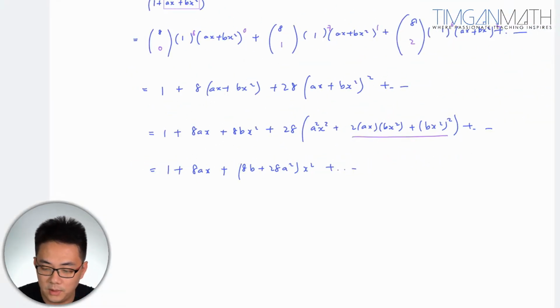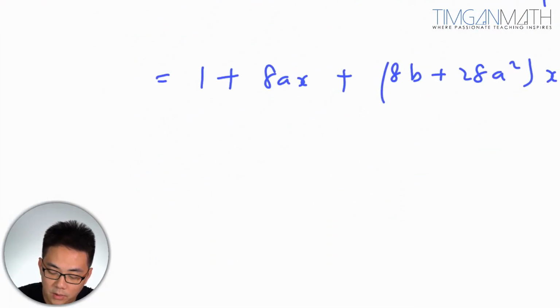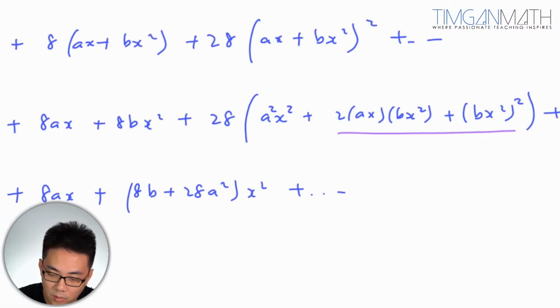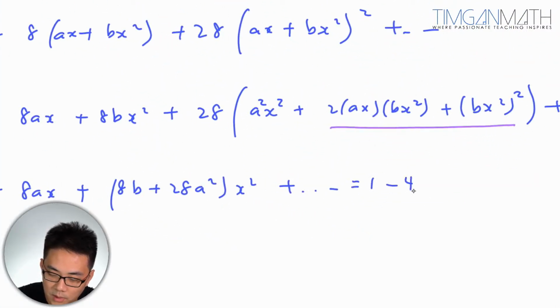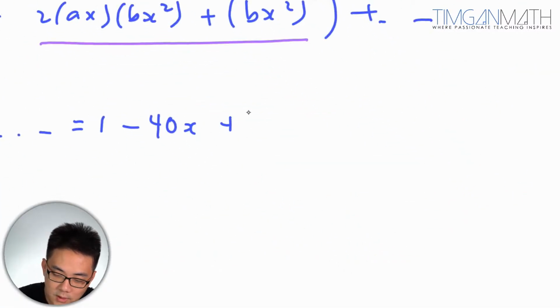Okay, that's about it. After which what we could do is actually just compare. So by comparing the coefficients, this would be 1 minus 40x plus 748x squared.